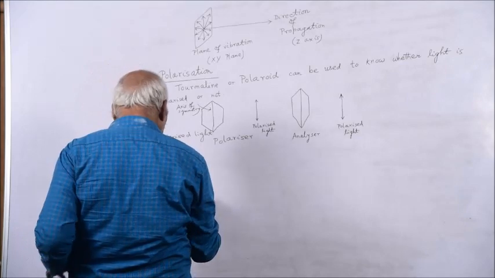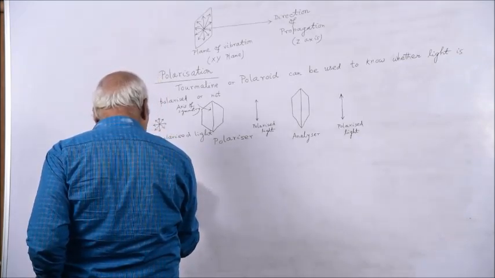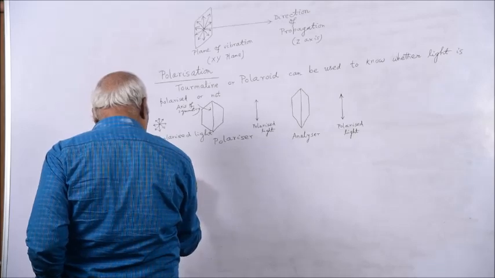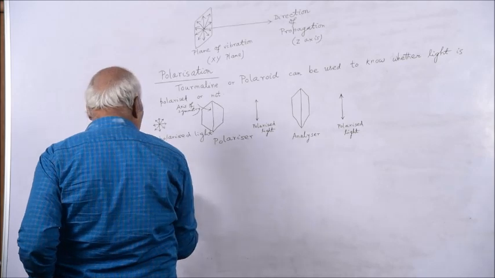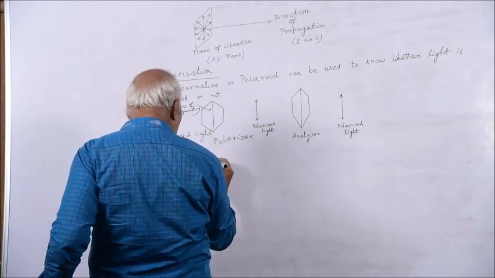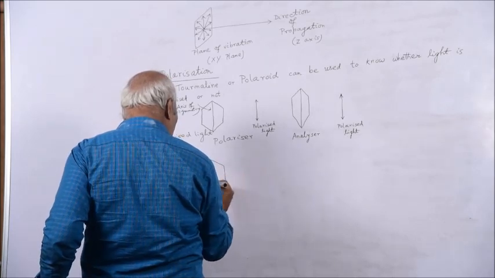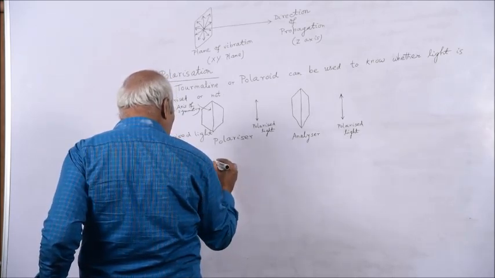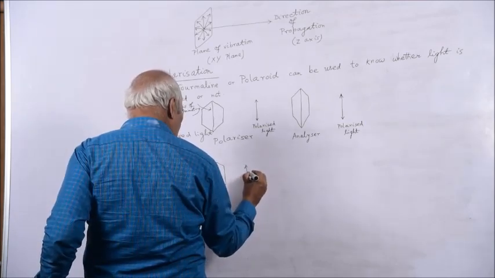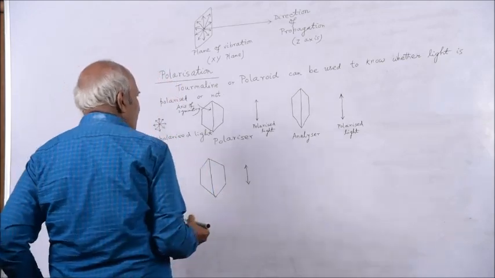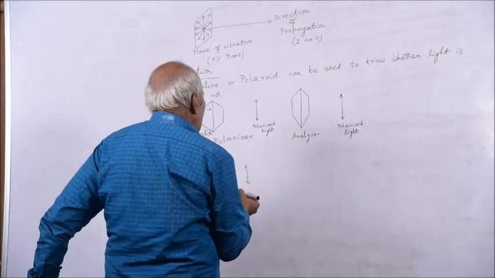So, if we do the same experiment again, this is unpolarized light, then again up to this they are same. The polarizer, that is polarized light produced.